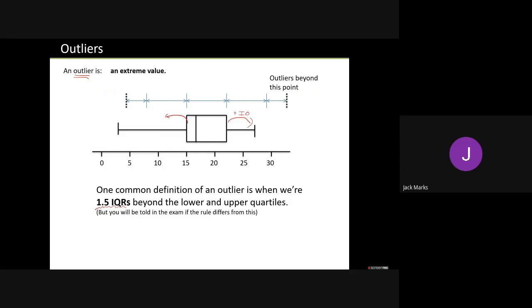So this plus the interquartile range times 1.5, or this minus, let's write this the other way around, minus 1.5 times the interquartile range.